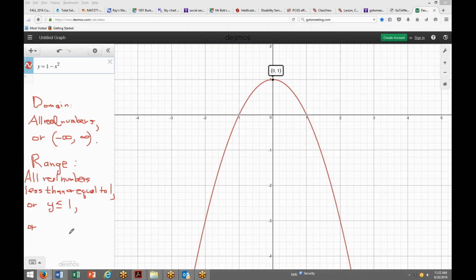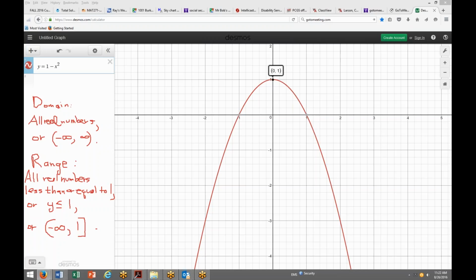Remember with intervals you always put the smallest number first and end with the larger number. It's coming up from the negative infinity at the bottom all the way up to the number 1, but it does include the number 1. The parabola perfectly well goes all the way up to the point 0, 1. That point is not excluded. That point is included on the parabola. So we now close the parentheses on the right for the number 1 with a square bracket.